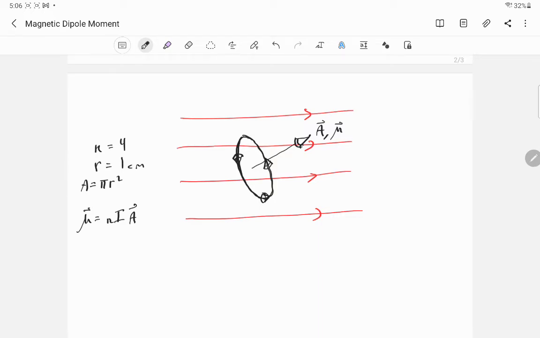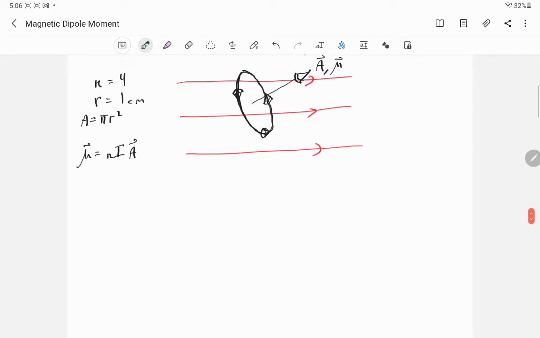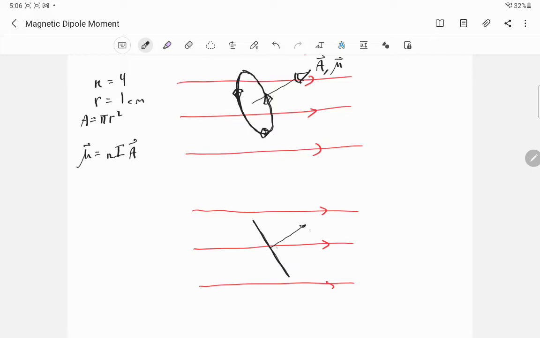So from the side, if I draw this picture one more time, so if I just imagine looking at this really just from the side, so I've got the magnetic field, and I've got this current loop. So from the side, it's oriented this way. Its magnetic dipole moment arrow points that way.